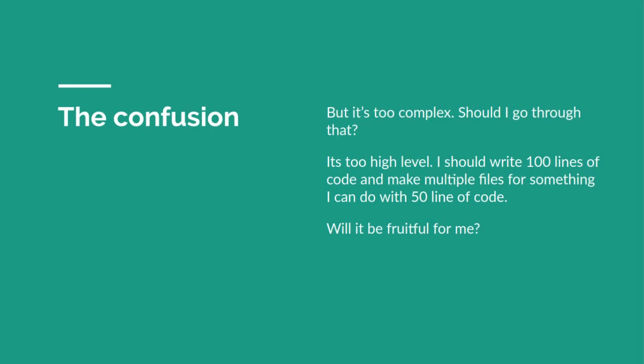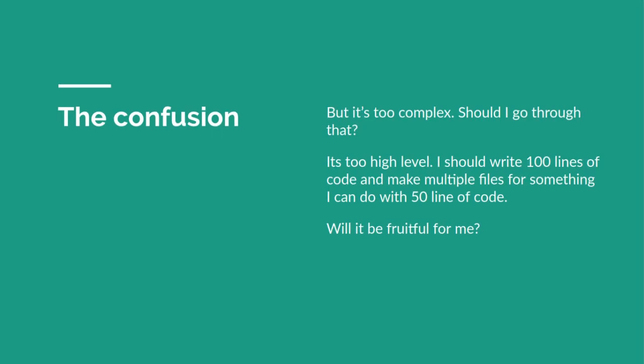And also some people complain that architecture patterns are actually very high level. For example, if I am querying a result of a database from my application in a simple way, I might have to write like 30 or 40 lines of code.